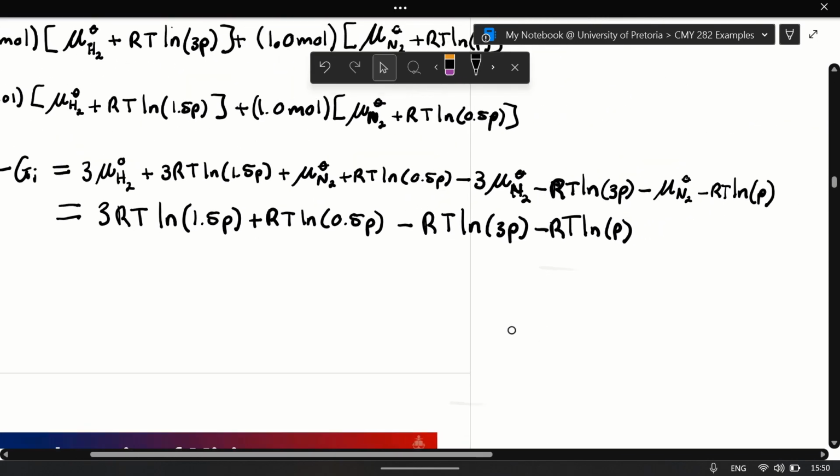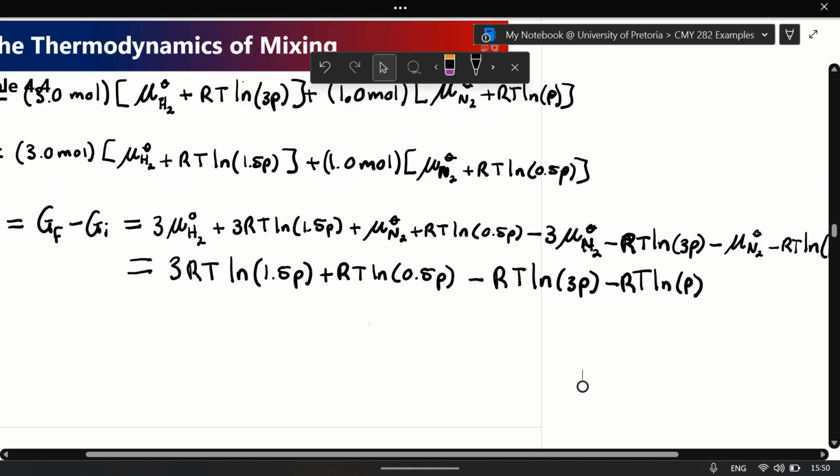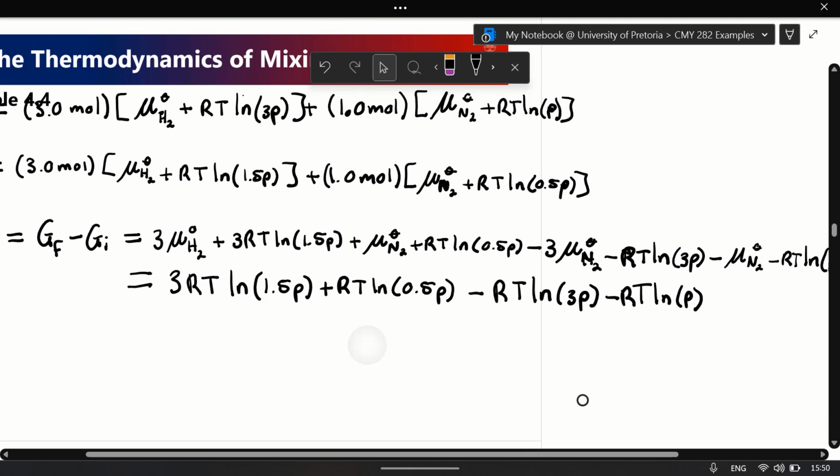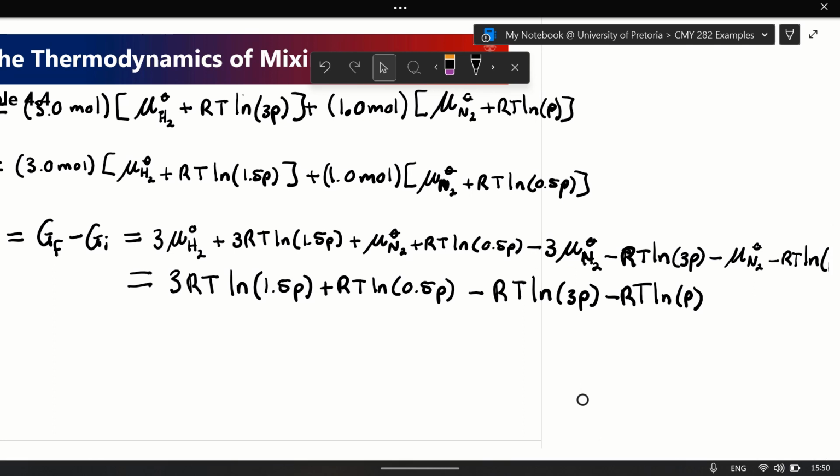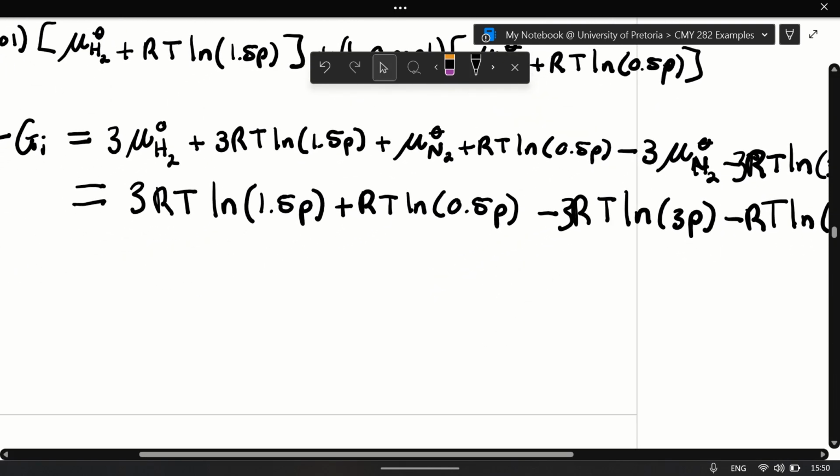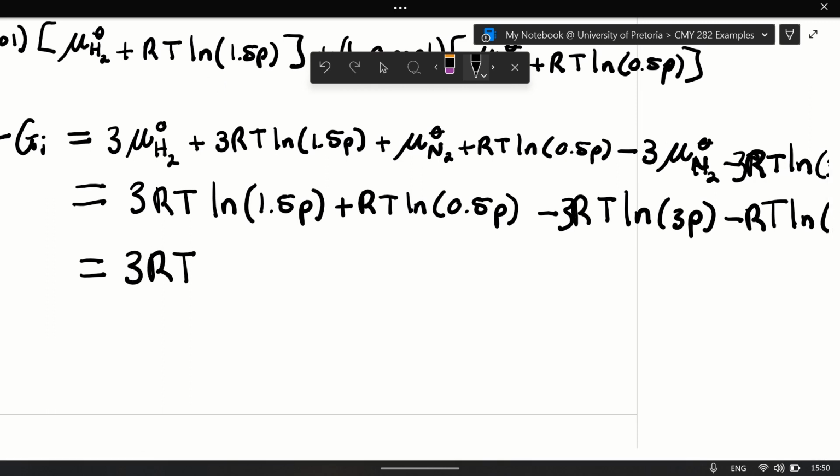There should be another 3 RT here. It's the one that corresponds to 1.5 and 3P, so there should be 3 RT. Alright, so let's group the 3 RTs together. Right, so the ln of 1.5P minus the ln of 3P is the same as the ln of 1.5P divided by 3P.